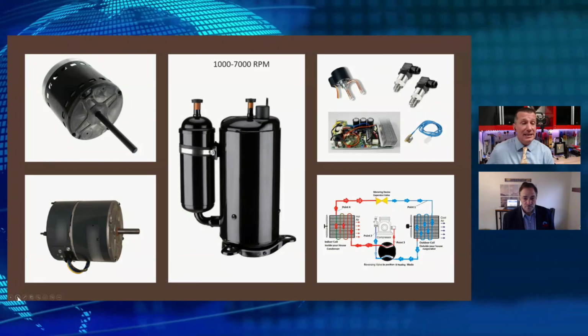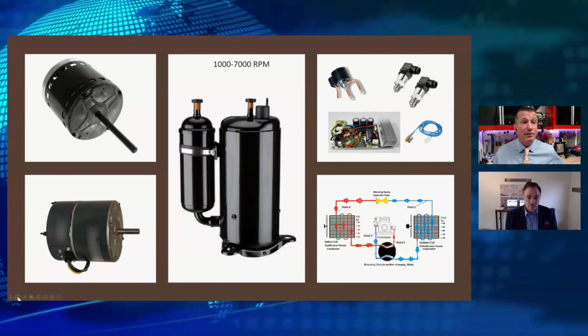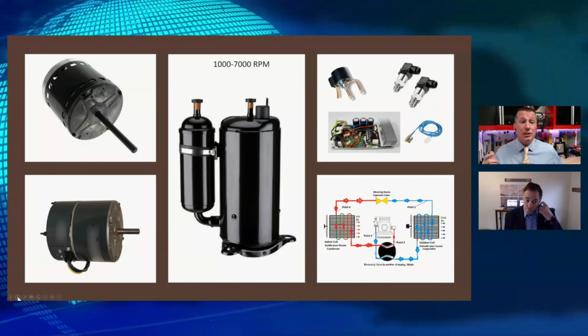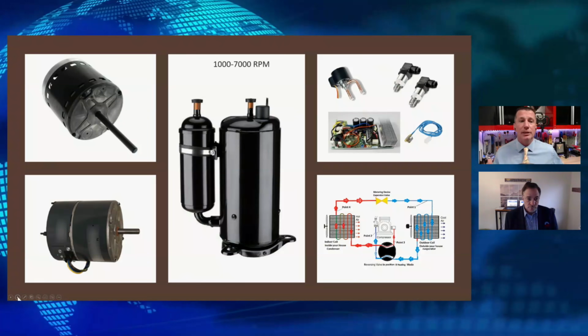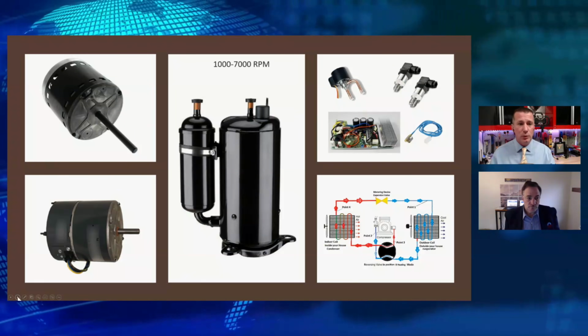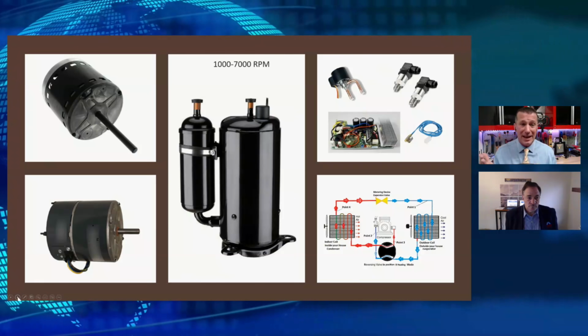Now, if we add in variable speed motors like our true variable speed indoor fan motors, true variable speed outdoor fan motors, and then we start modulating the flow of refrigerant using an electronic expansion valve, man, now we have some capabilities. So in these rotary compressors, we can go all the way down to 10% capacity up to 100% capacity.